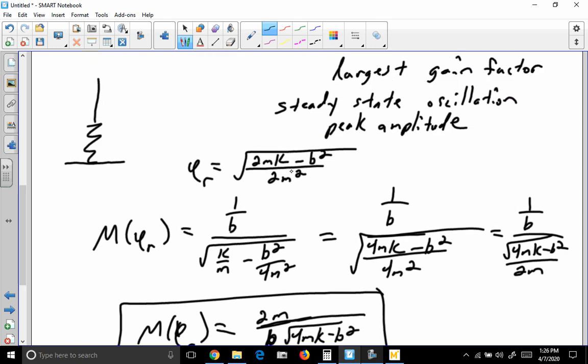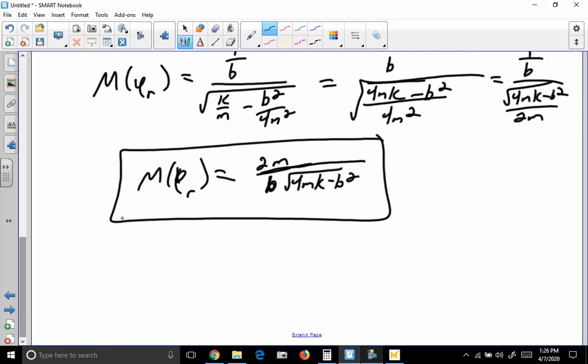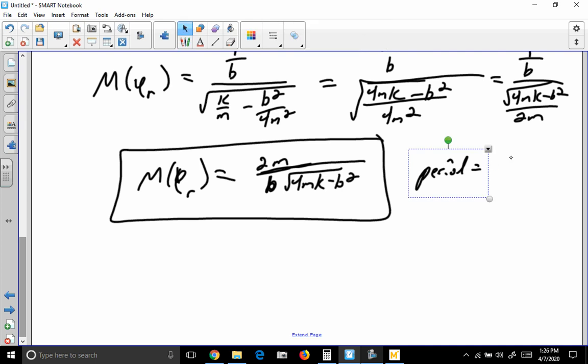So under this particular gamma, this is what that function, that curve, would look like. And it turns out that the period, we said, is 2 pi over gamma.